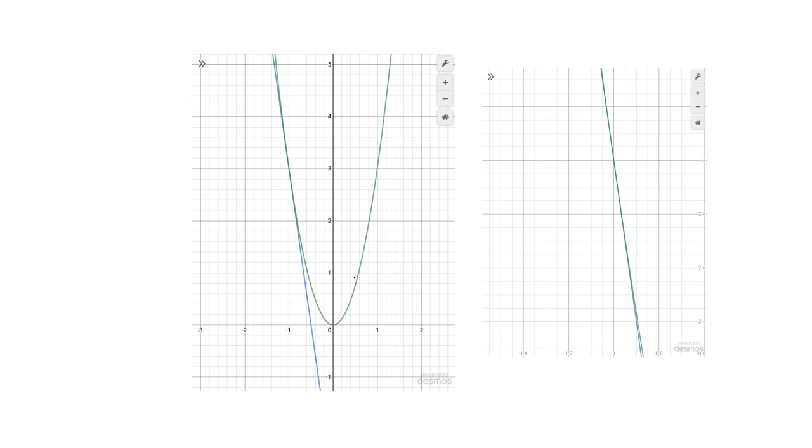When we have our original curve f of x, over here we have an example of a parabola, so this is f of x.